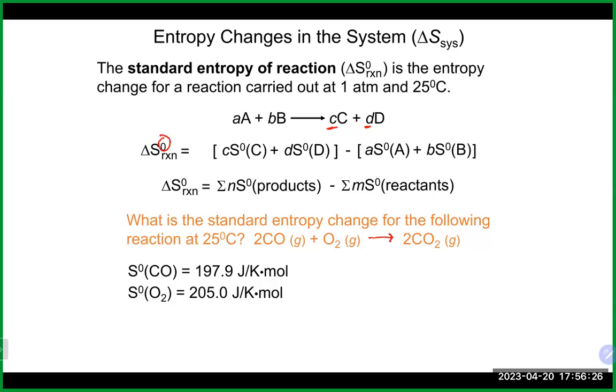This little knot here basically means standard conditions. A lot of times these are table conditions. When we talk about standard conditions for thermodynamics and most table values, that usually means 1 atmosphere if we're dealing with some type of pressure, 1 molar if we're dealing with some type of concentration, and the temperature is 25 degrees Celsius.